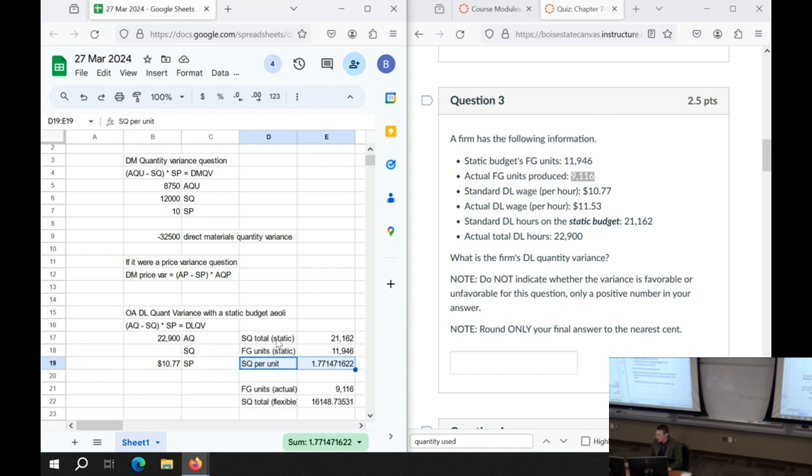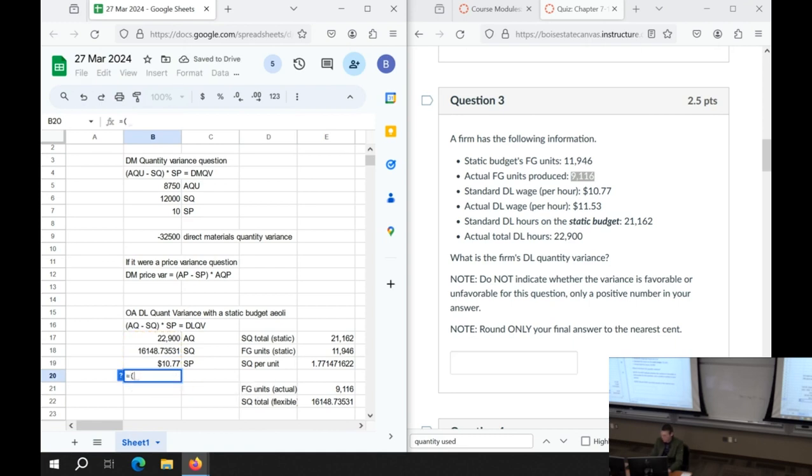It's a question of the total standard quantity, because that 1.77 gets multiplied by either the static budget's finished goods units or the actual number of finished goods units. So these two differ, the SQ total. The SQ in the quantity variance equation means the total standard quantity. So we're trying to get the right total standard quantity right here.